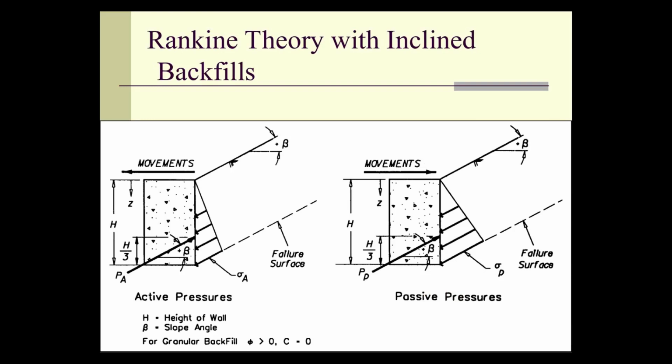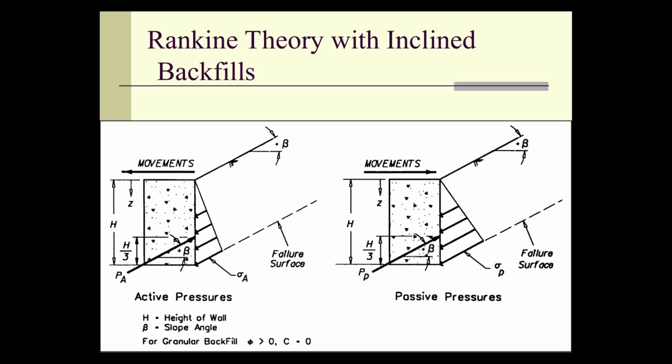As I noted in slope stability, not all backfill is level. If we have a slope coming up from the wall, we will have an angle beta. How do we incorporate that? A lot of things change.